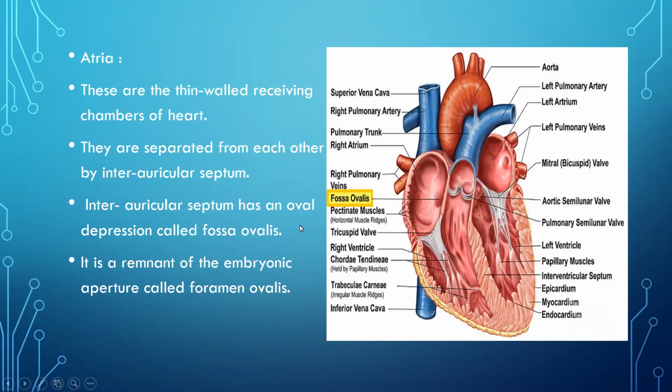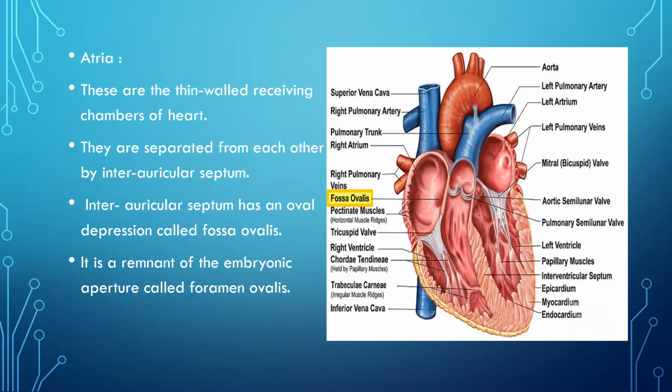Now the interauricular septum has an oval depression called the fossa ovalis. Can you see this depression, this oval hole-like structure? Yes, so this oval depression is called the fossa ovalis.